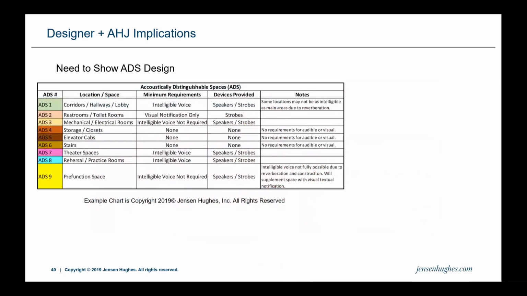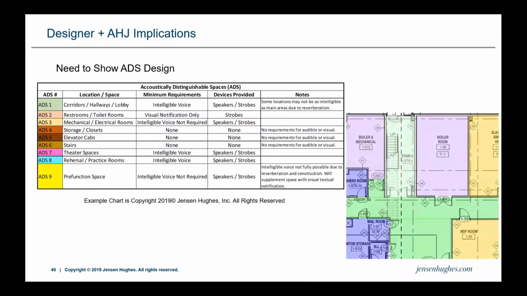This is another option and may be preferable. Using a chart with information that includes the location or definition of the space, the minimum requirements that the designer is providing for their ADSs, the devices that they're going to provide in those spaces, and other important notes could be very, very helpful. This could be color-coded to the floor plan, but that's a lot of extra work and maybe overkill.